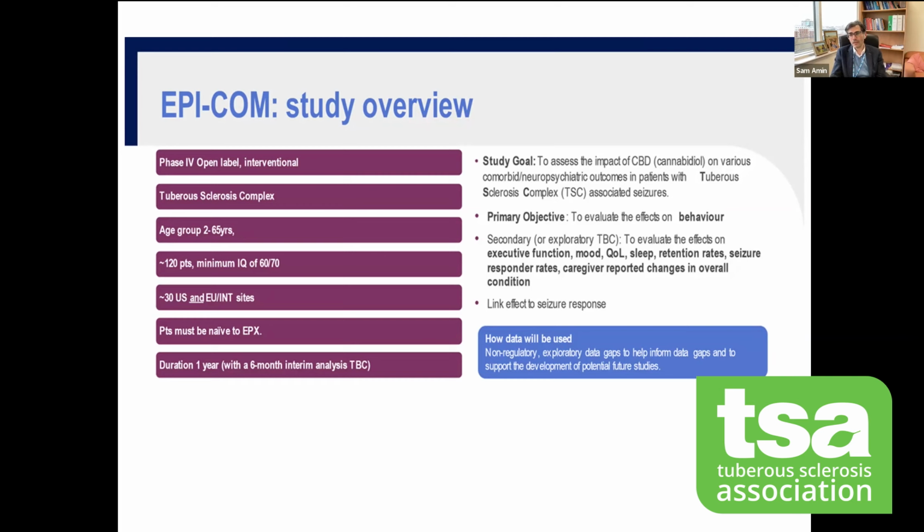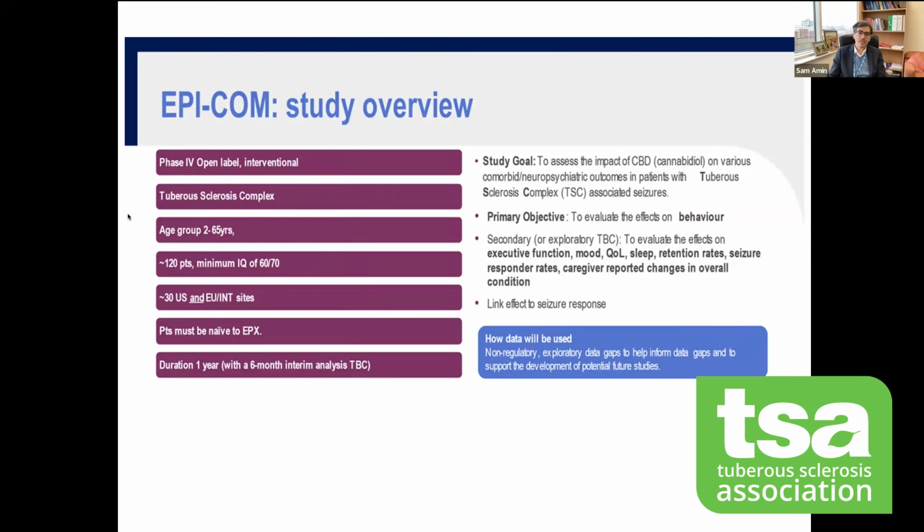There are a lot of other issues people suffer from with TSC: cognition, behavior, mood, quality of life, sleep, and so on. So the idea is to trial this drug and to check its efficacy on these domains. Look at behavior, look at memory, executive function, mood, quality of life, sleep, and so on.